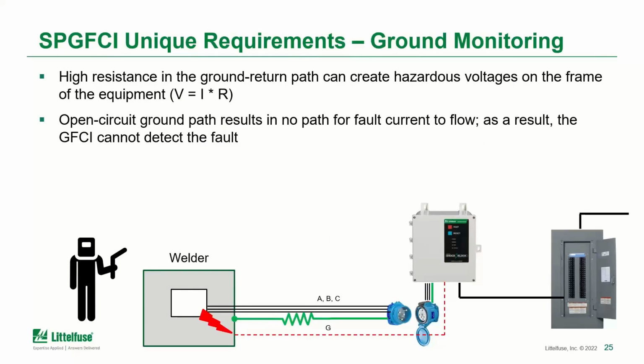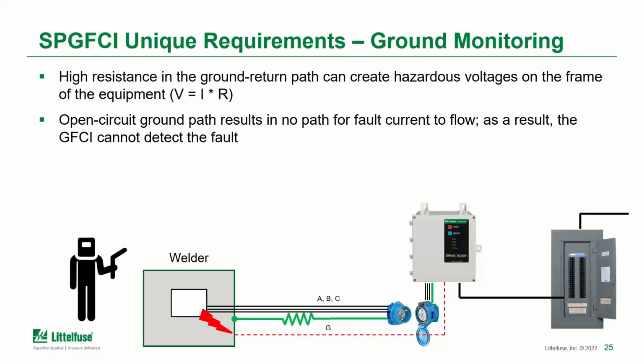So if we just put this into a simple schematic form and use your trusty V equals IR, it's pretty easy to see that if in the ground circuit you have a high resistance and then you get a phase to frame fault inside your load, you now have fault current going through your ground, and if you have a high impedance there, you end up with voltage drop across it.